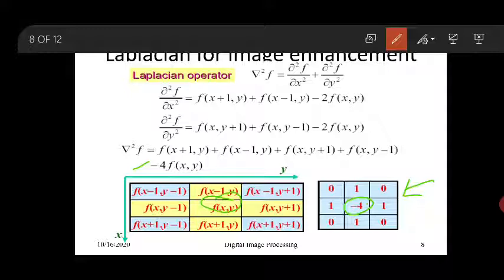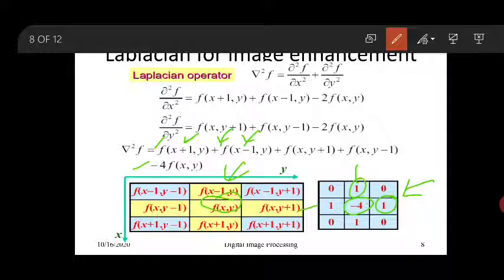Now f of x plus 1 comma y, what is the coefficient? 1, it will be replaced with a 1. F of x minus 1 comma y, what is the coefficient here? 1. That is f of x minus 1 comma y, it is 1.